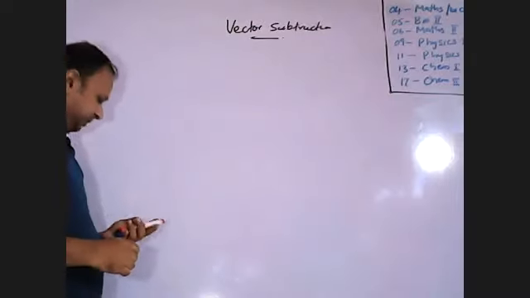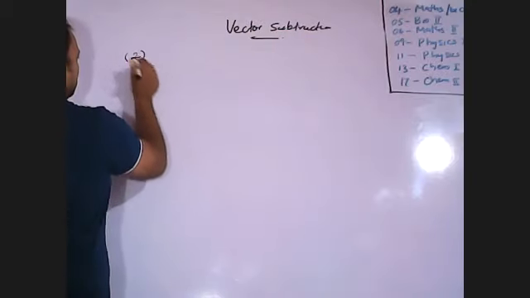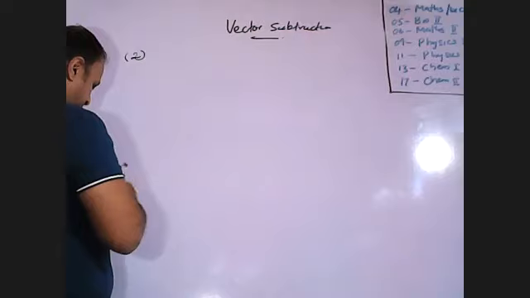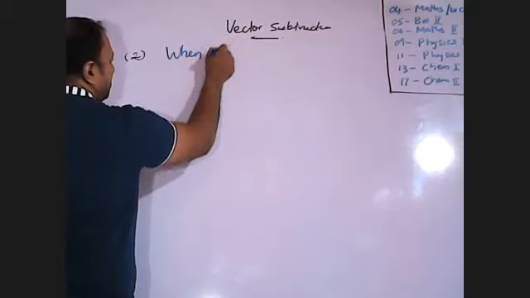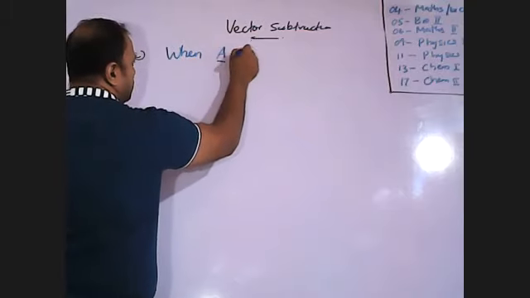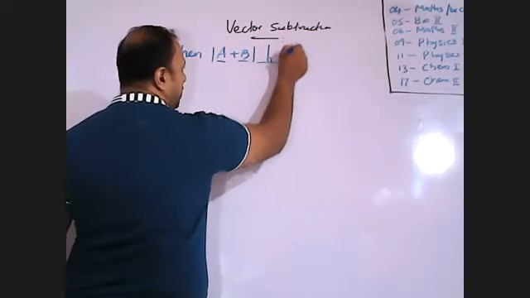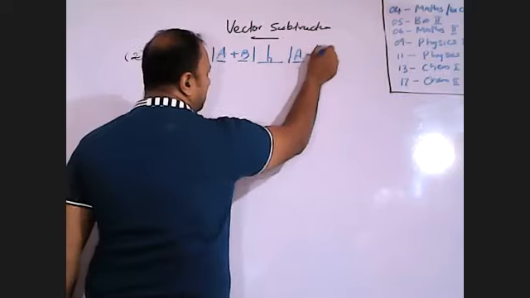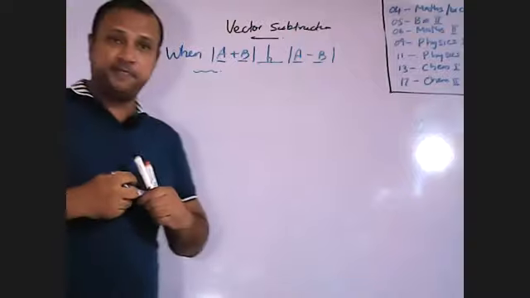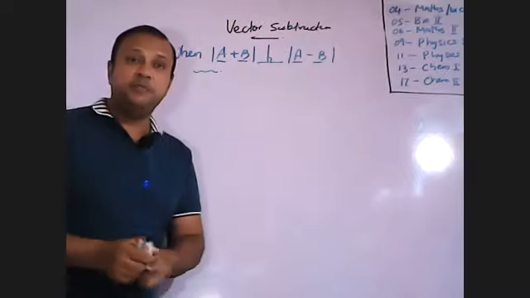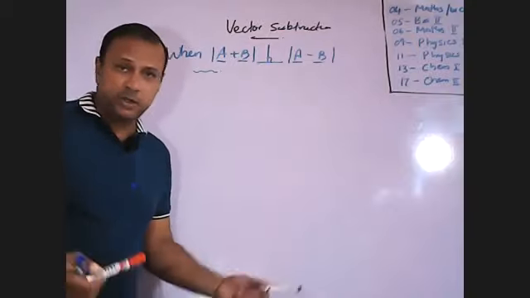Then another relationship. Look at this second one. When A plus B is perpendicular to A minus B, A plus B perpendicular to A minus B means two diagonals are perpendicular to each other.